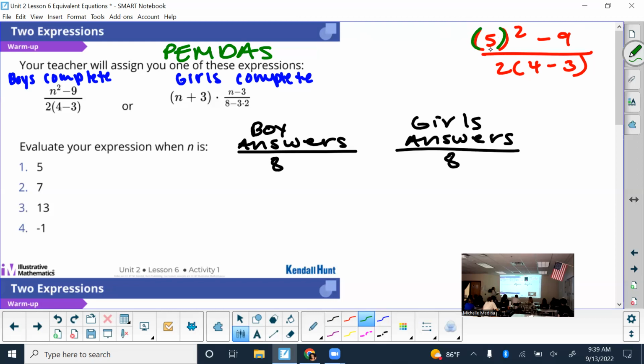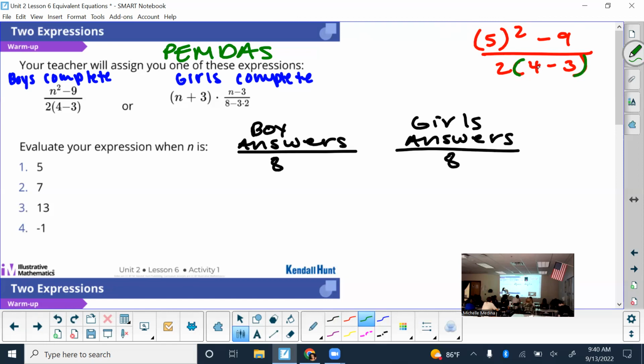So inside, is this fully simplified? There's nothing else being done to the 5 inside the parentheses, right? So that's not the first step there. But down here, are these parentheses fully simplified?